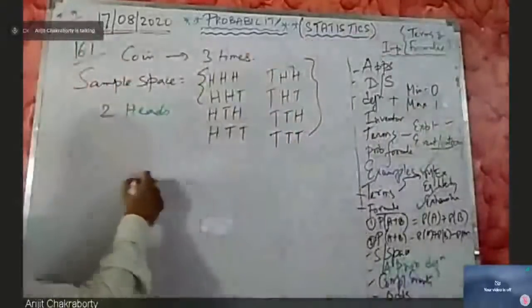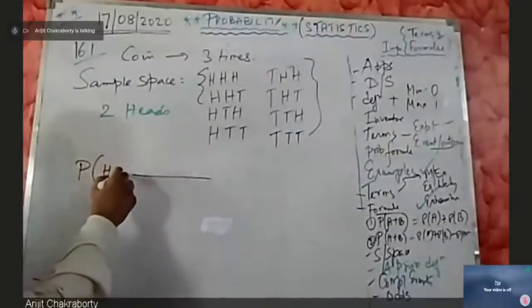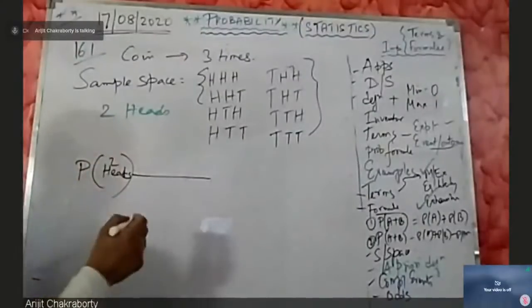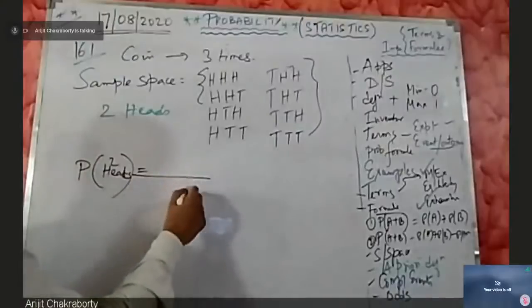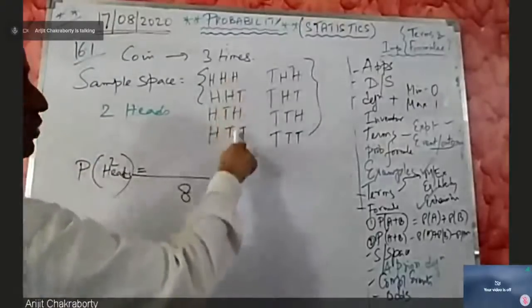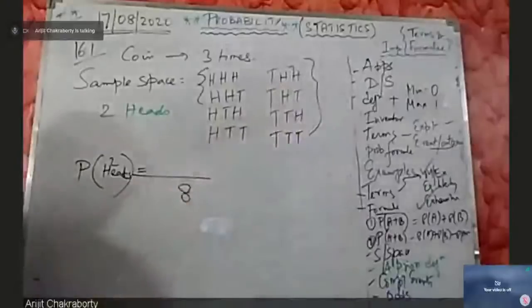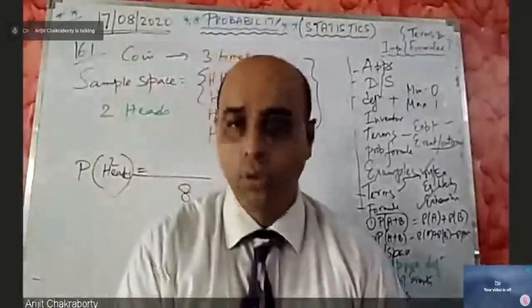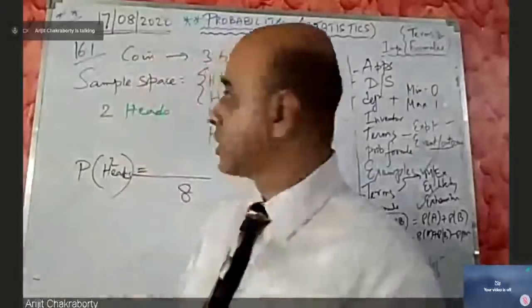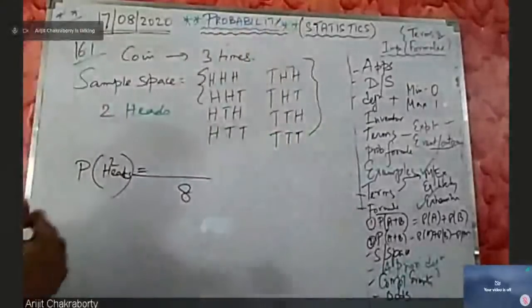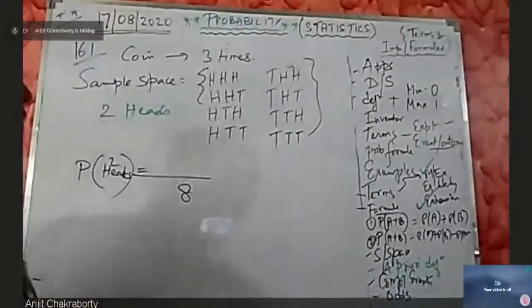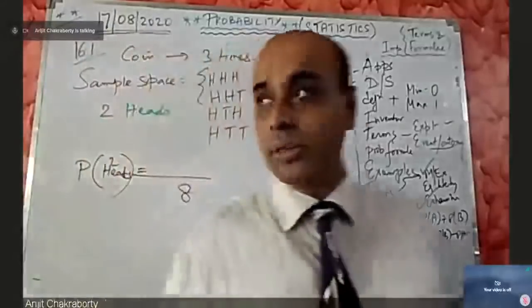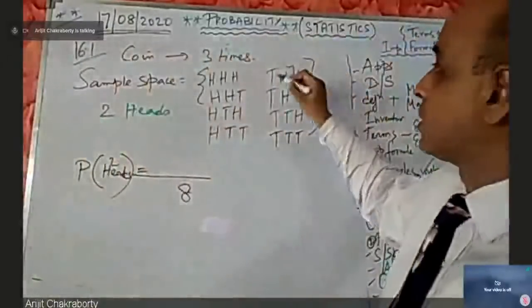So I know that there are 8 possible cases. So the probability of getting 2 heads equals, the denominator is 8 because we have got 1, 2, 3, 4, 5, 6, 7, 8. Out of them, I need those cases where there are 2 heads. Tail, head, head.